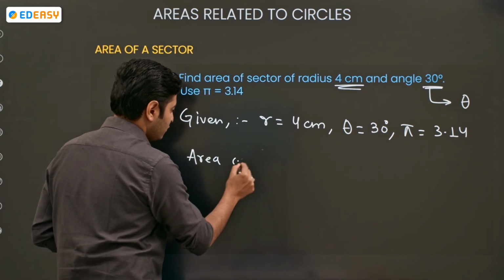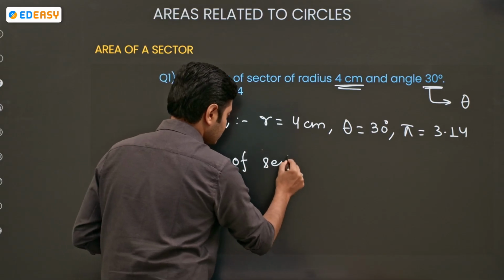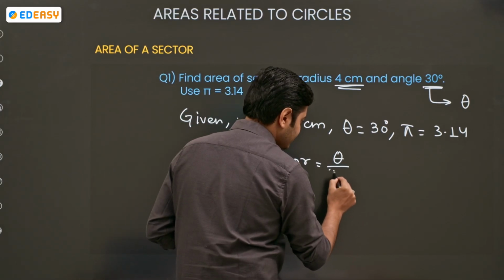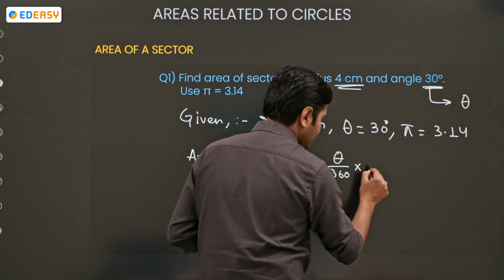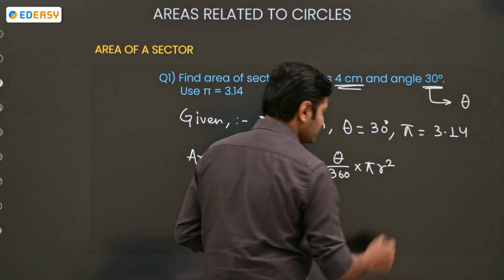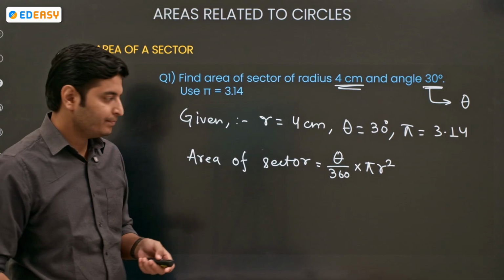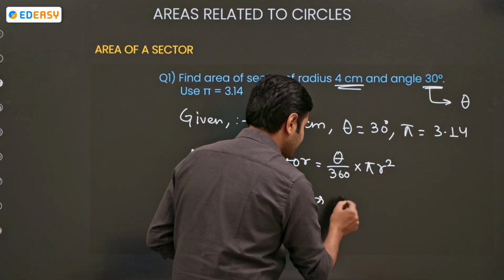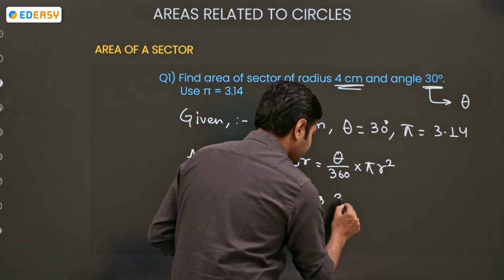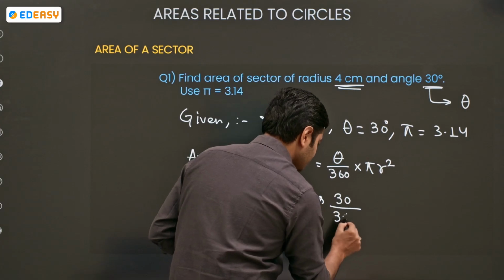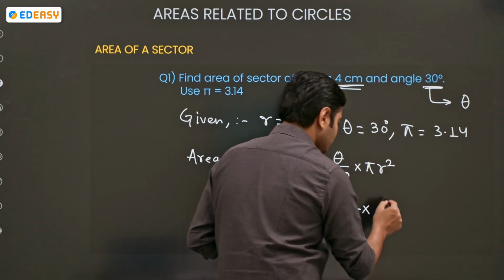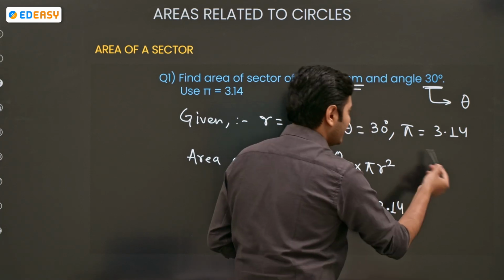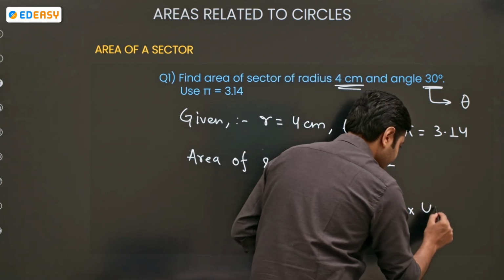Area of sector is equal to theta by 360 into pi r square. Now theta value is given, r value is given. So it will become 30 by 360 into 3.14 into 4 square.